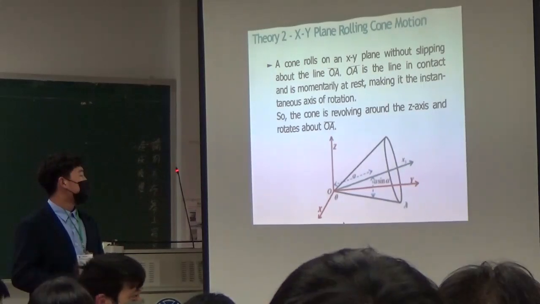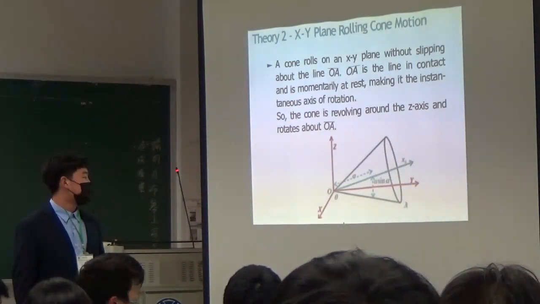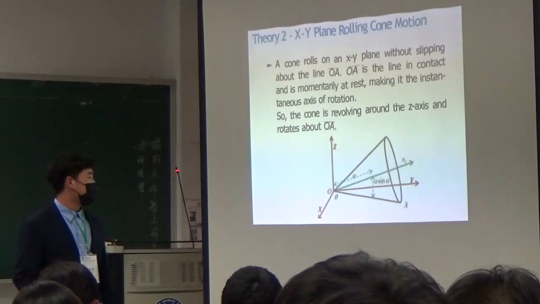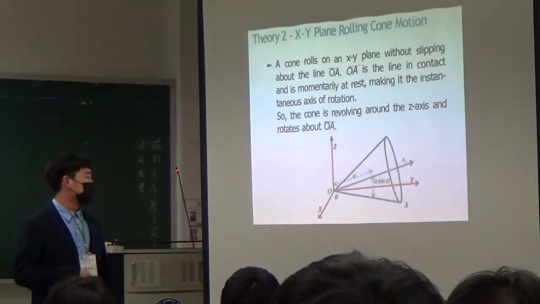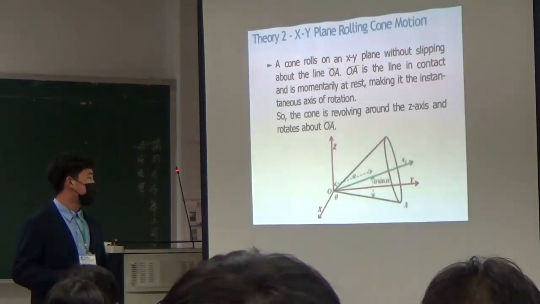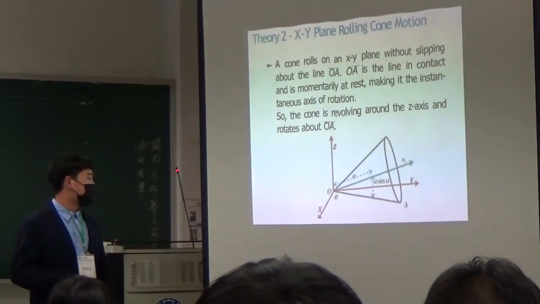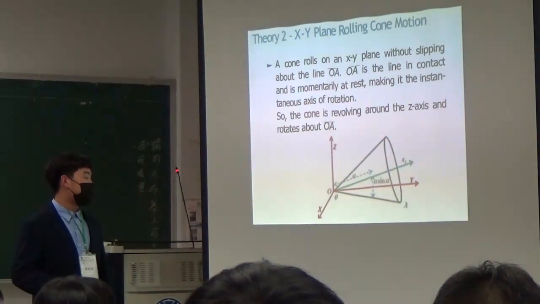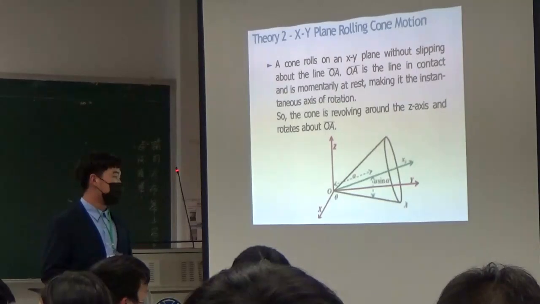Okay, when the screw is rolling on the plane, we can see the screw is oscillating with the axis OA, and it will have an angular velocity.